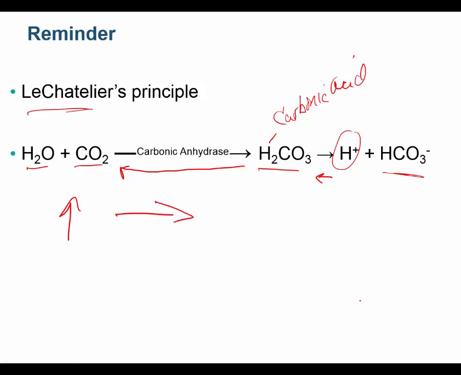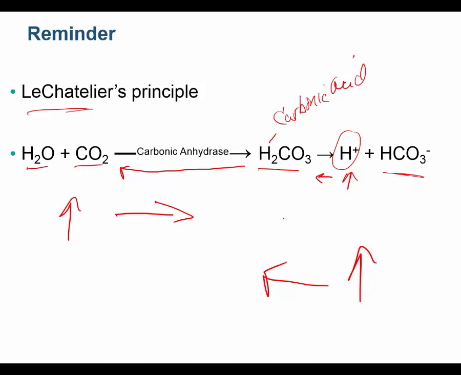If I increase any of my products, it drives the reaction to the left. This means a lot for many different systems. For example, if I increase CO2 in my body, I'm going to drive the reaction to the right and increase my H pluses. I'm going to become more acidic.